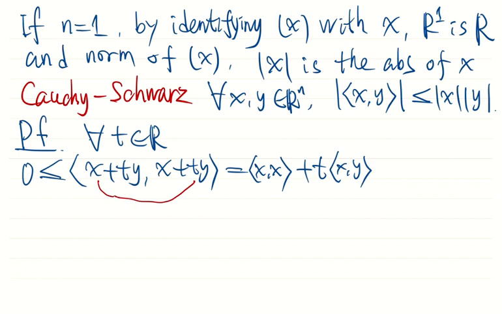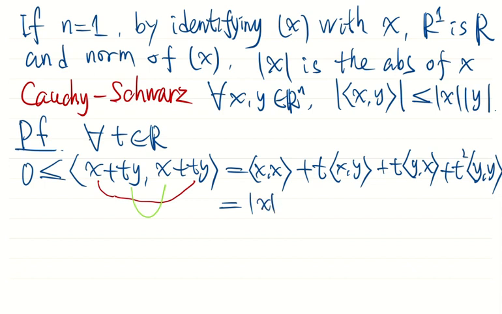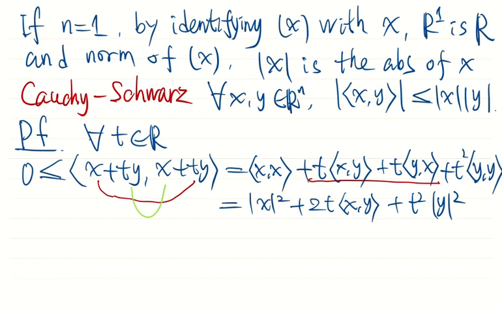Similarly, the term ty and x will give us t yx. Finally, the two ty give us t squared yy. So this is the square of the norm of x plus these two terms give us 2t xy, then t squared times the norm of y squared.